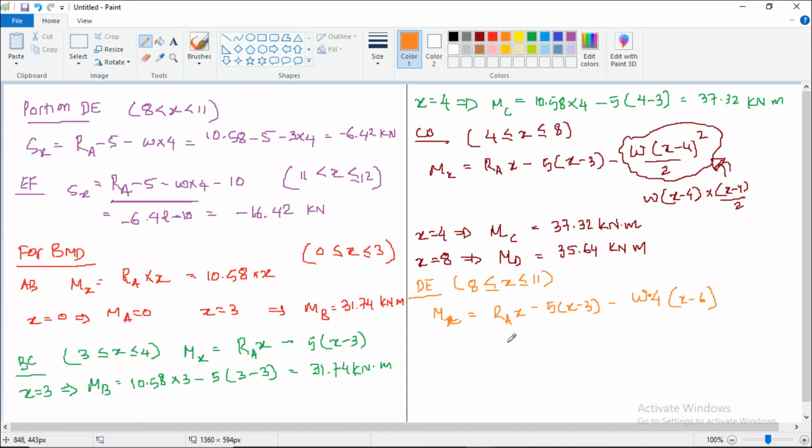Now let us put the values at x equal to 8. You will get the moment at point D as 35.64, and at x equal to 11, you will get the moment at point E, which comes out to be 16.38.